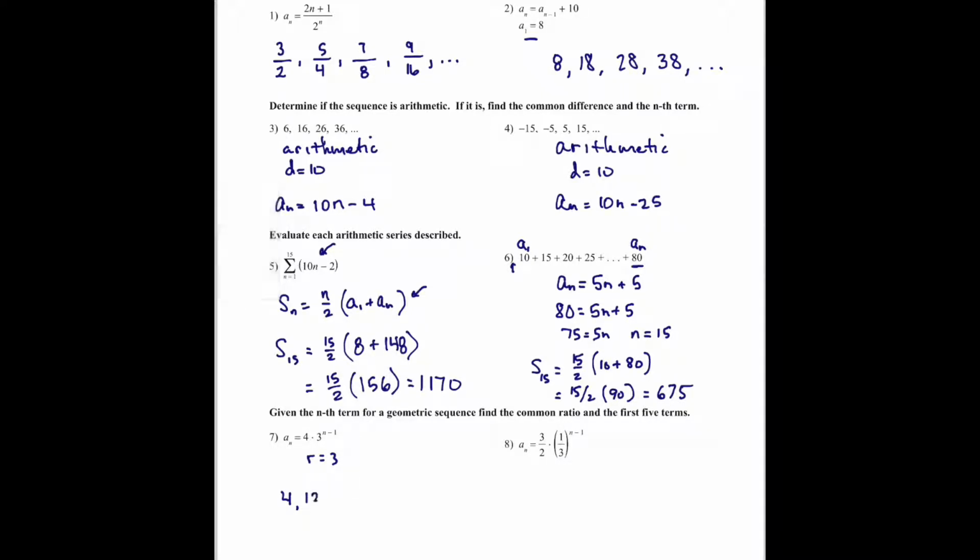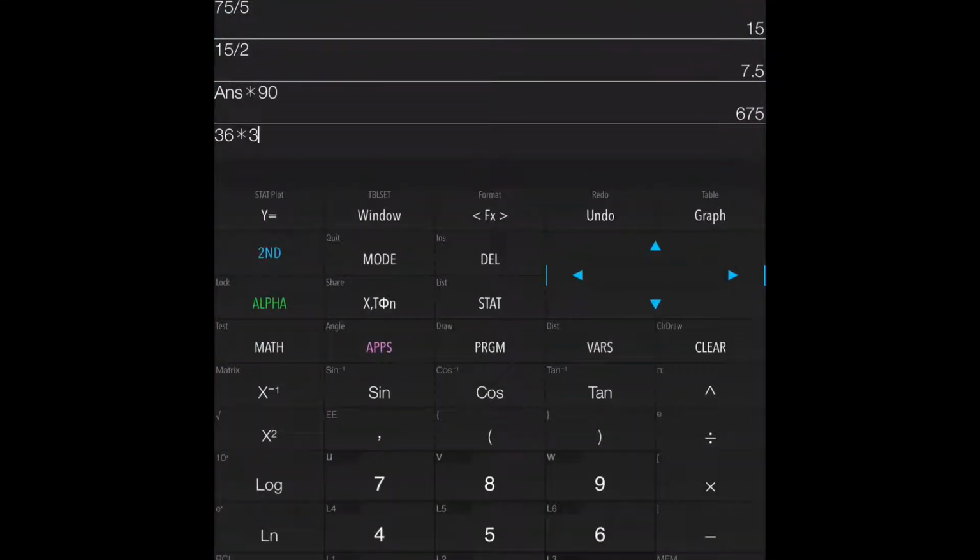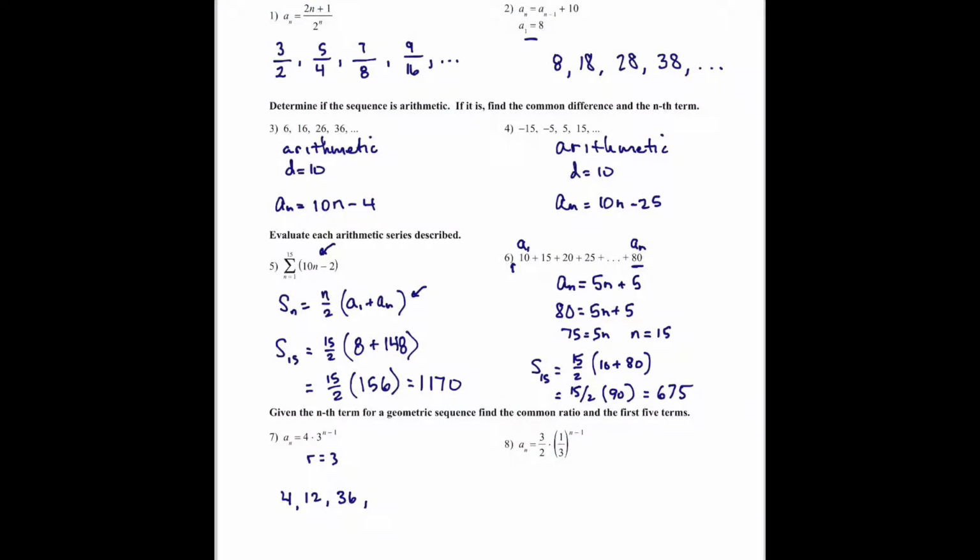The next term is 12, the next term is 36, 36 times 3, I believe that's 108, but I better check. 36 times 3, it's 108, and then 324, so we have 4, 12, 36, 108, 324 for the first 5 terms.